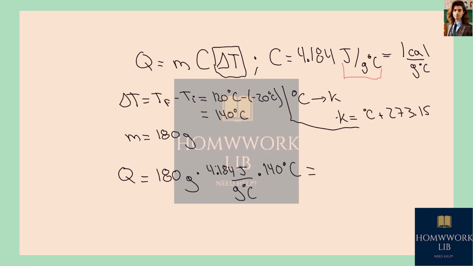Let's cancel the units. Degrees Celsius cancels with degrees Celsius, grams cancels with grams, and our final result for this is going to be 105,436.8 joules.